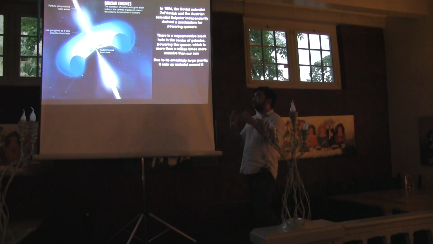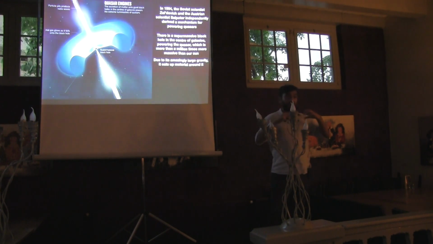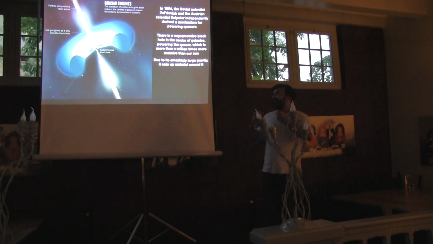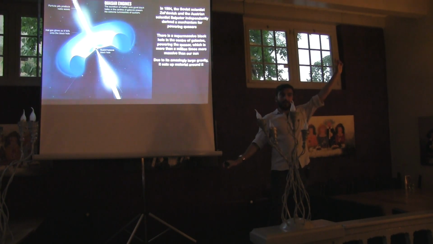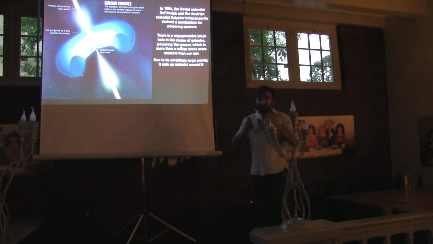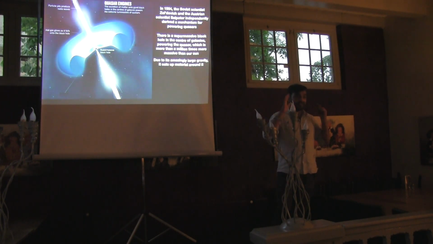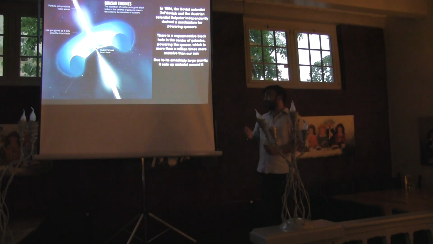And what happens when material starts falling into this black hole is that it really heats up and it launches these very collimated jets that actually go away from the galaxy. This is all very complicated theory, but essentially the picture is this: when you pump a lot of material into a central part, some of it starts escaping from the top and the bottom.